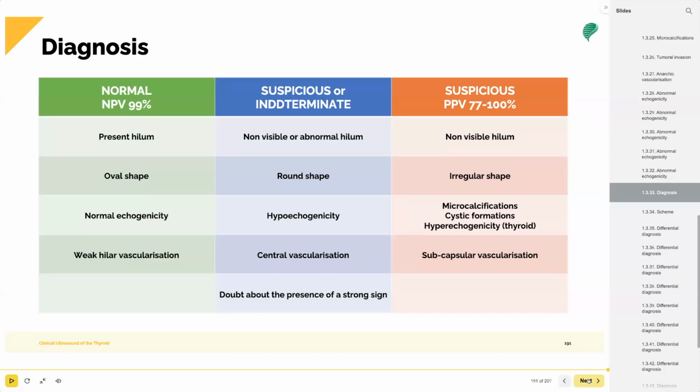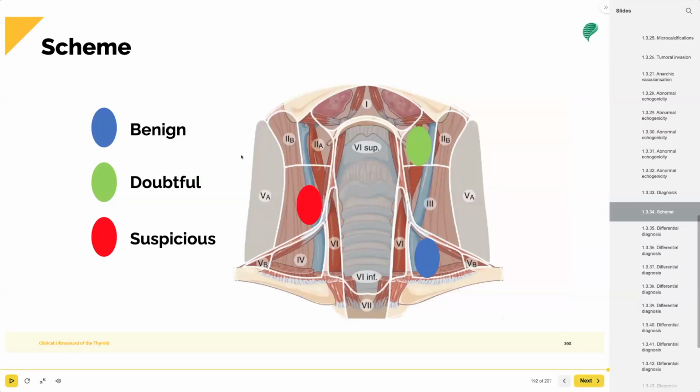Some students or some texts find it helpful to draw. You can also draw where you are seeing your lymph nodes, and you can use color. Also, the regions would let you know if the lymph node being enlarged or suspicious would have a greater chance of being malignant or benign based on location.